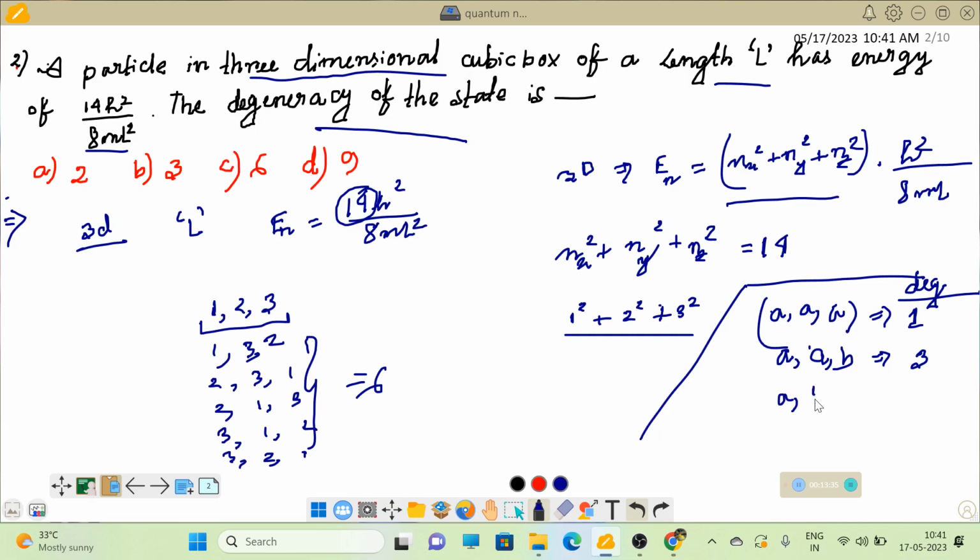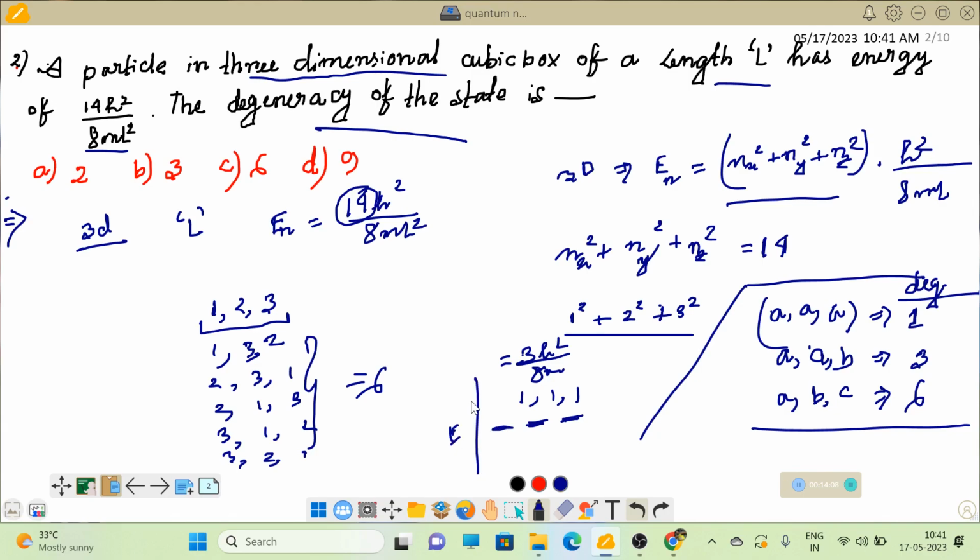And if all three of them are different, then you will get 6 degeneracies. So I think you cleared these things. If all three are the same, then we get one degeneracy. Degeneracy means we are getting only one energy level, like 1 1 1, 1 square 1 square 1 square. So the energy will be 3 h square by 8 ml square, means we have the same energy state for the three of them in the same energy level.